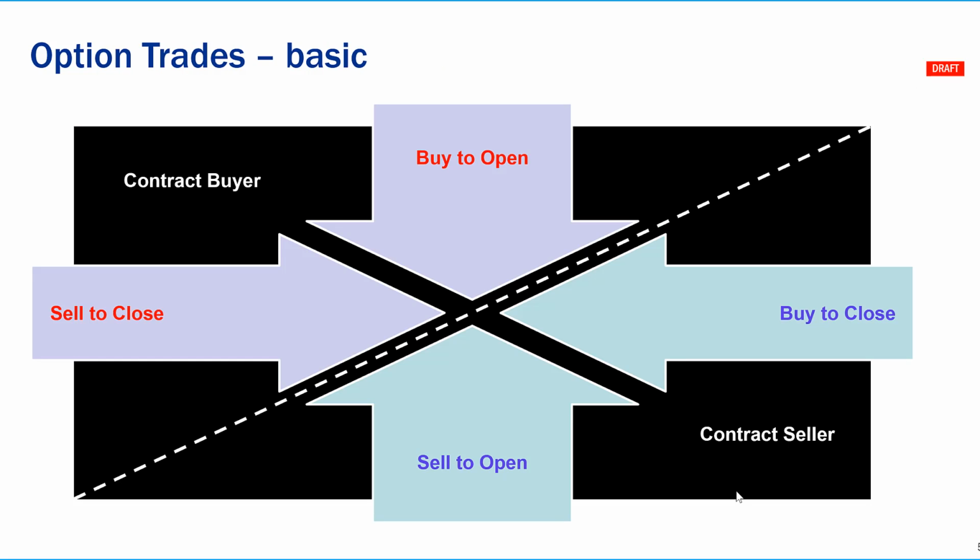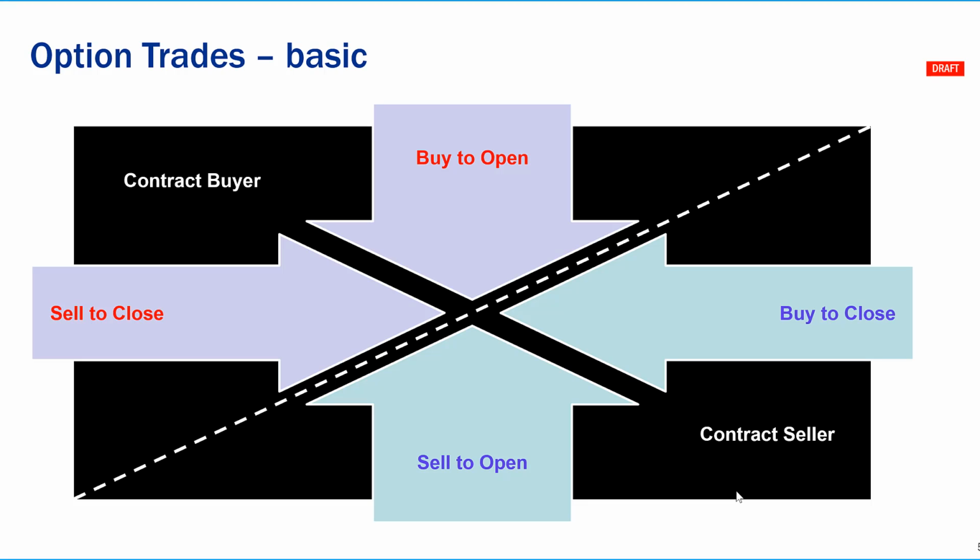Once you have an account and you're able to start trading, you'll see that the basic transaction types are included in 4 categories, and then we'll move into the different legs and spreads and so forth. This slide tries to show where the buyer is sitting and where the seller is sitting.